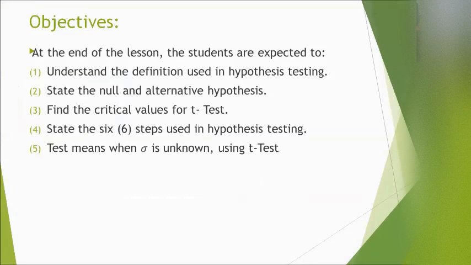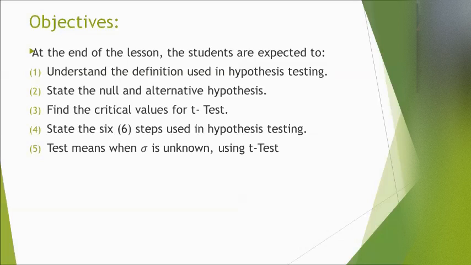For the subject quantitative methods, we're going to discuss the week 11 topic, which is the t-test. The objective of this virtual class is that, at the end of the lesson, the students are expected to: number one, understand the definitions used in hypothesis testing. Number two, state the null and alternative hypothesis.